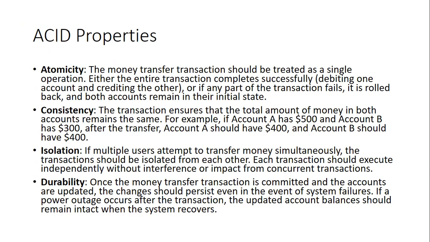When the debit happens, this money should fall into account B. This should happen completely. It cannot happen that debit has happened but credit has not. Atomicity means that whenever such a transaction is happening, both debit and credit should happen. Let's say credit has happened into one account but debit has not, right? If the transaction has to happen, it has to take place in complete form.